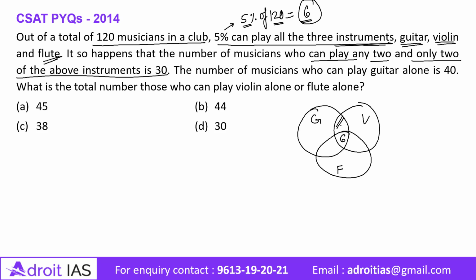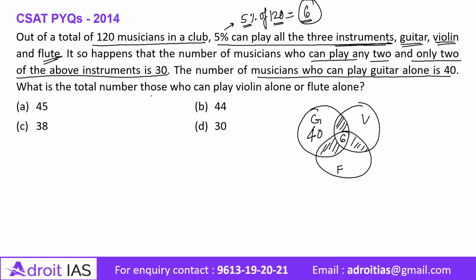This region is telling you about any 2 and only 2, fine, is 30. Now the question further says the number of musicians who can play guitar alone is 40. So guitar alone, this area, guitar alone, 40.